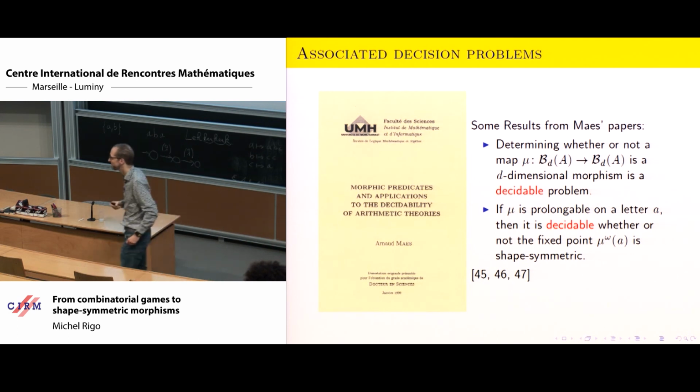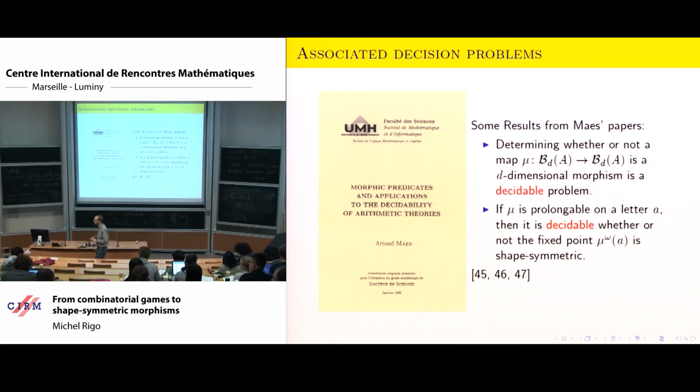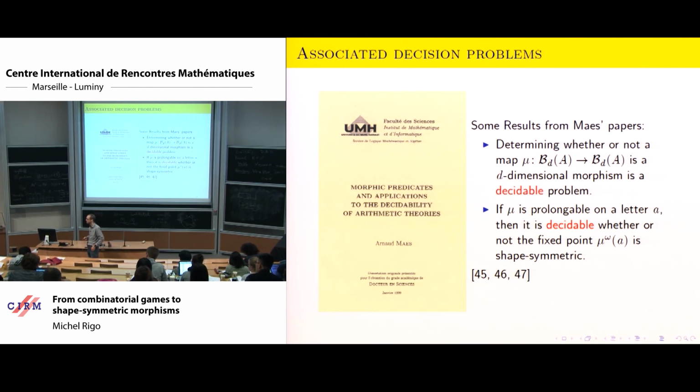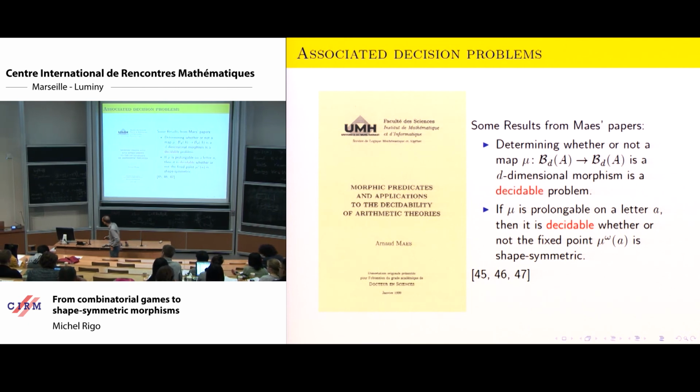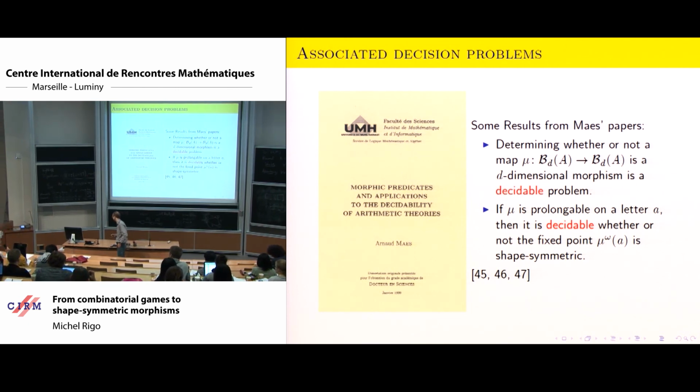From what I've seen, in all such morphisms the image of a letter is a rectangle, or in general a parallelepiped. Can you generalize to something which is not a rectangle? Something like this? Yeah, that's a good question.